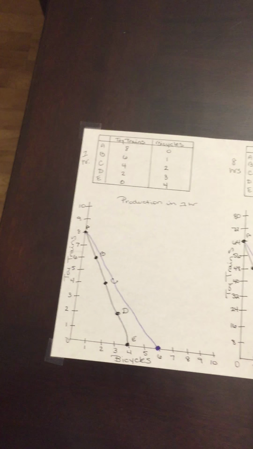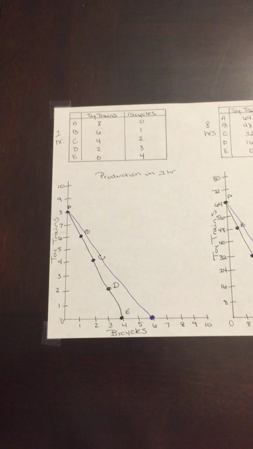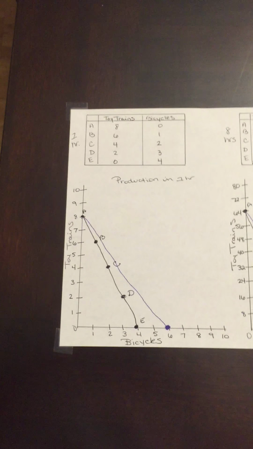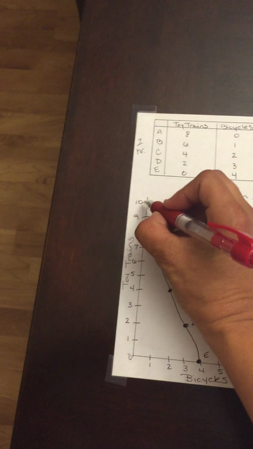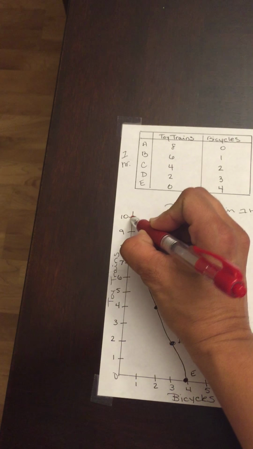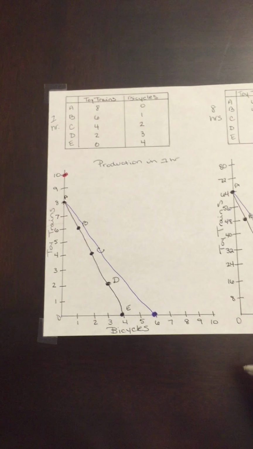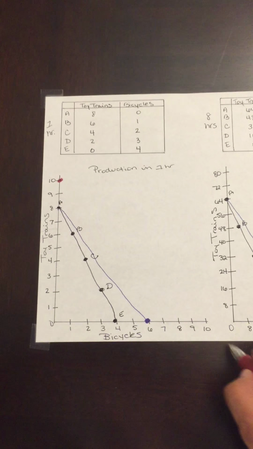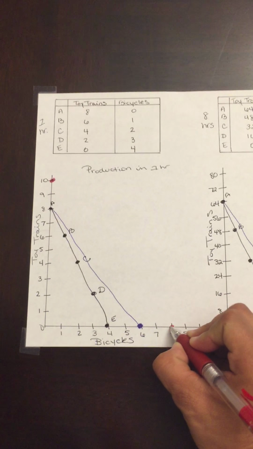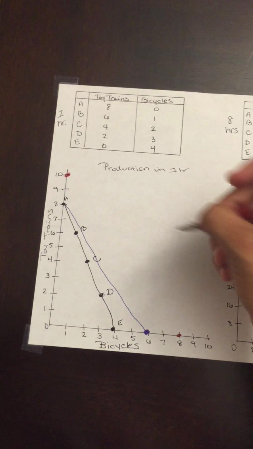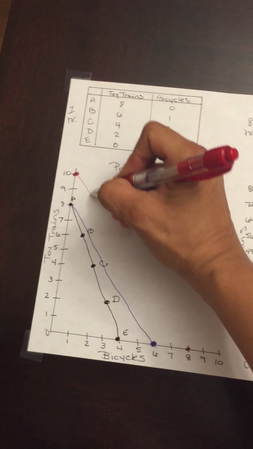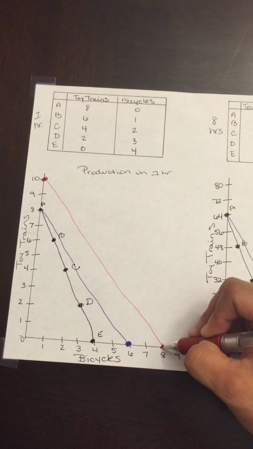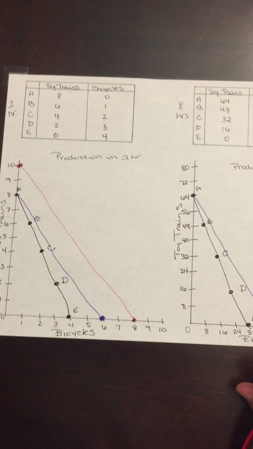We could say that instead that allowed for 10 toy trains to now be produced per hour and 8 bicycles to now be produced per hour. So we would have a new change there.